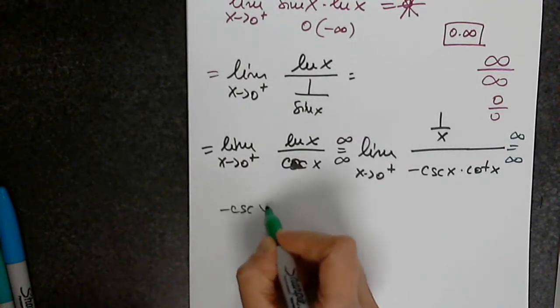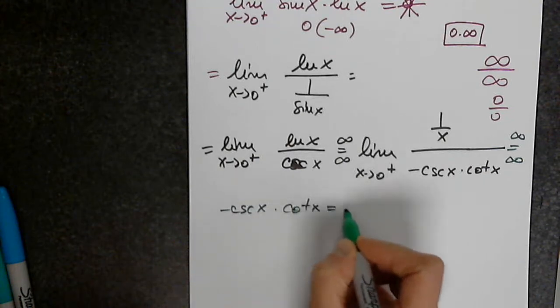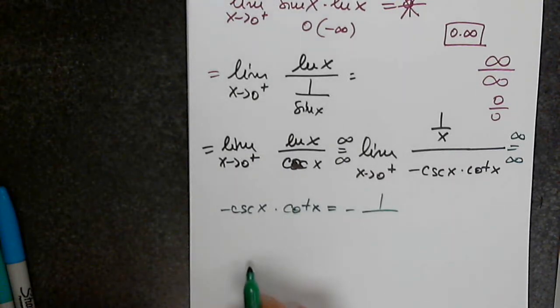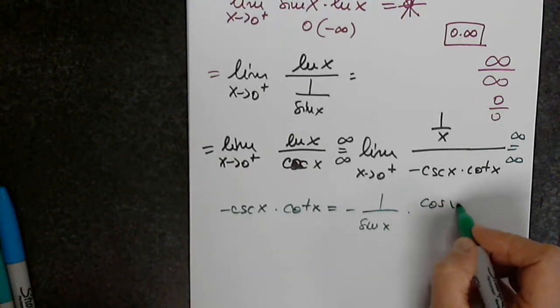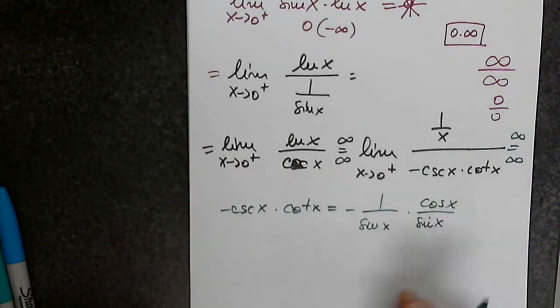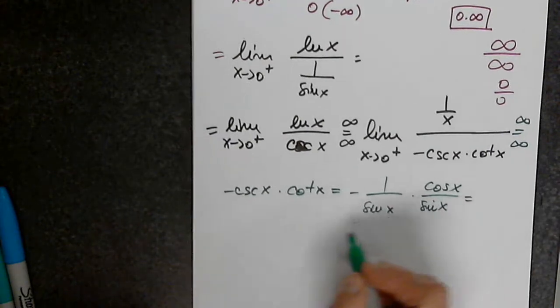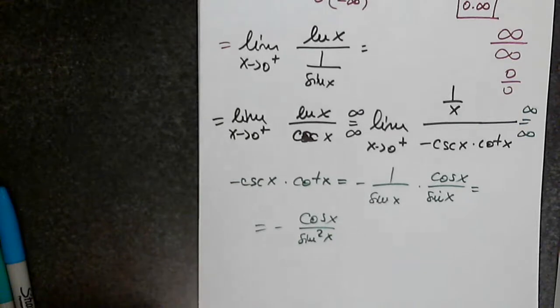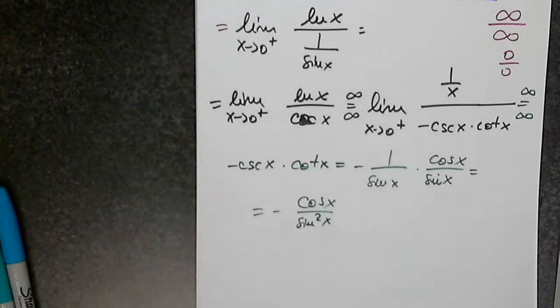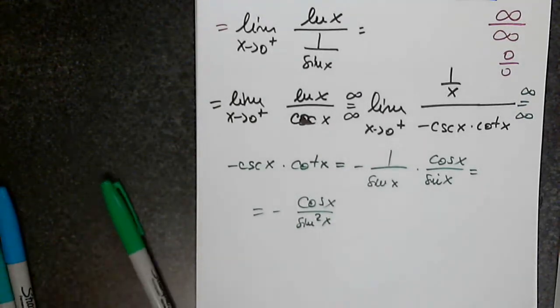So negative cosecant x times cotangent x is negative 1 over sine x times cosine x divided by sine x. Well, this is nothing else but negative cosine x over sine squared. Nobody forces me to use L'Hopital's rule.